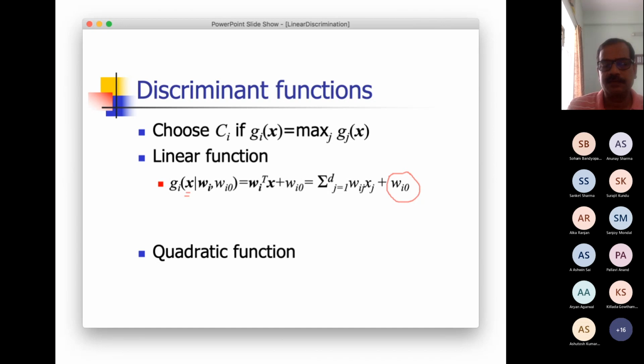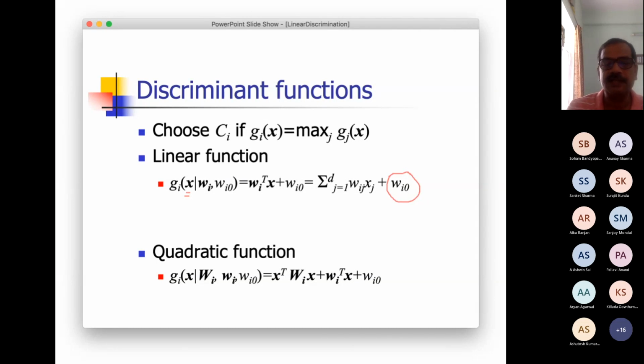Whereas if I try to understand other kinds of polynomial forms of this function, like the quadratic function, in this case the individual feature dimensions, their combinations would be there in the terms. So in the quadratic term, it's a product of those terms.